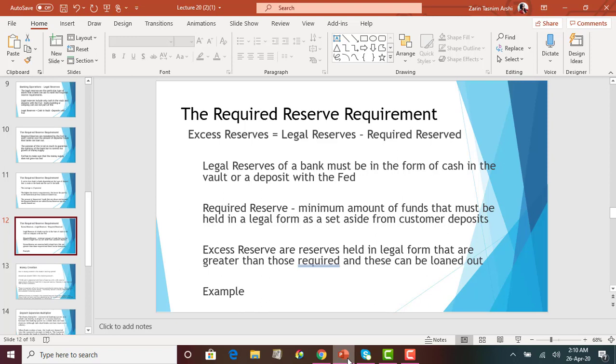Required reserve is the minimum amount of funds that must be set aside from customer deposits as required by the Fed, and excess reserve is anything that is over the required reserve and can be loaned out. Okay, so let's do an example.